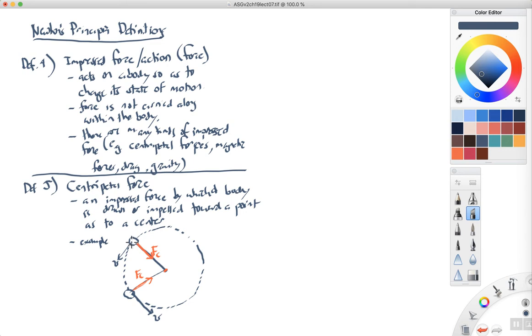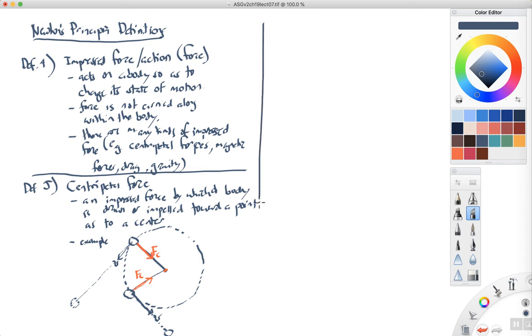Well, the rock would then continue to move in a straight line in the direction that its velocity is at that moment. So it would fly off in this direction if we were to cut the string. And if we waited until it got around to here and then cut the string, the rock would fly off in this direction. So it would continue in a straight line tangent to the circle, but the centripetal force is preventing it from flying in this straight line. It's keeping it moving in this circular orbit.